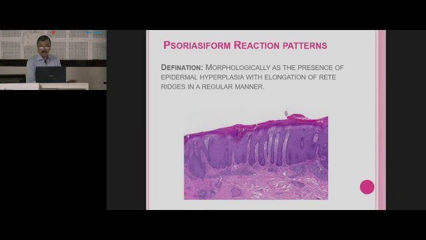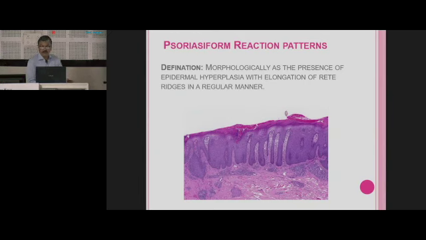The psoriasiform dermatosis can be broadly classified as psoriasiform only, with even or uneven psoriasiform hyperplasia. Then there are combinations like psoriasiform plus lichenoid, psoriasiform plus spongiotic, and psoriasiform plus spongiotic and lichenoid, which are most often seen. Further, based on the dominant inflammatory cell infiltrate, that is lymphocytes only, or admixture with other cells such as eosinophils, histiocytes or plasma cells, psoriasiform dermatosis can be classified into different types.